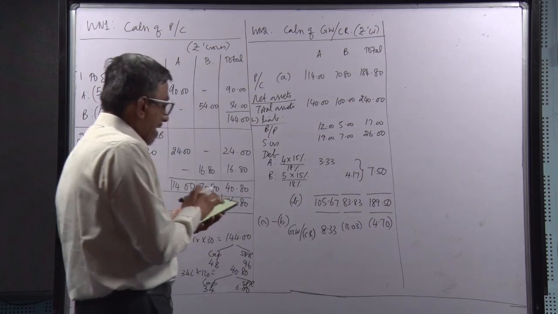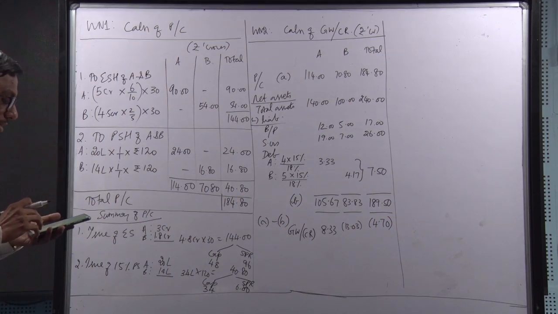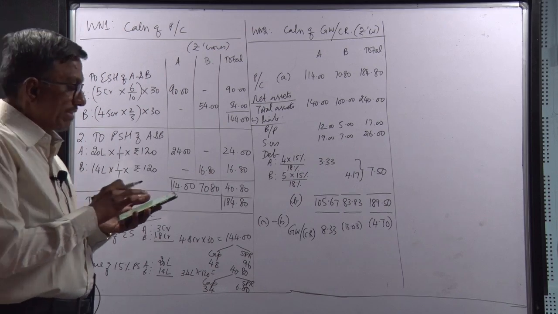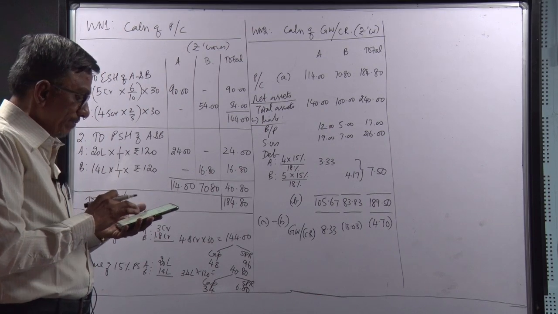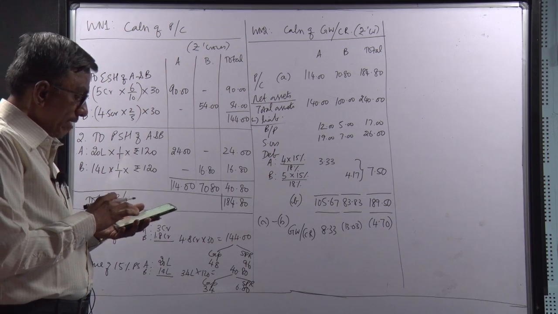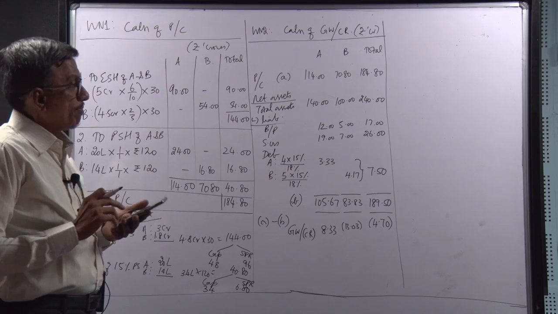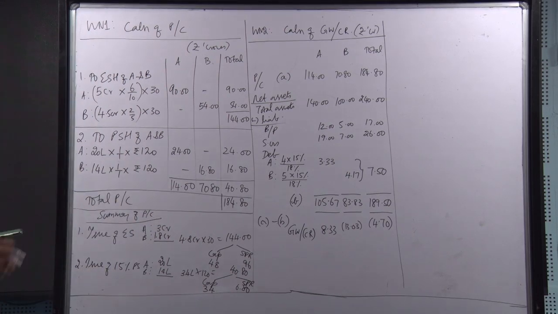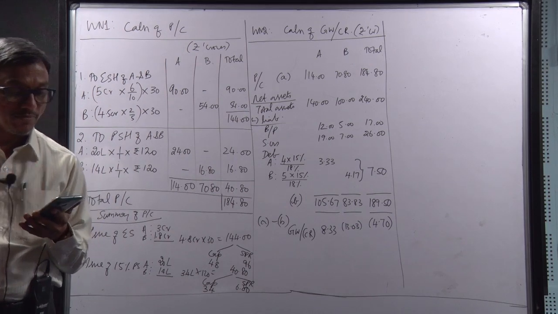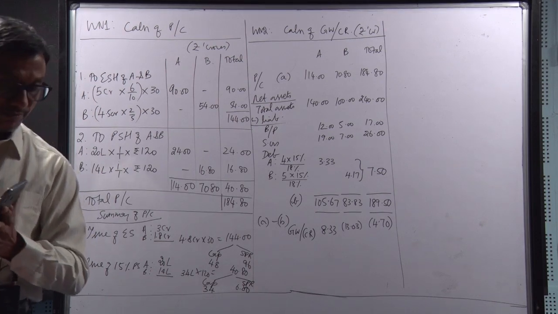That means in the balance sheet of C Limited, there will be a capital reserve of 4 crores 70 lakhs, which is the difference between 8.33 and 13.03. You are getting 4.7. So remember, when you prepare the balance sheet of the new company, capital reserve will be 4.7 crores. A Limited, there is a goodwill of 8.33, B Limited, capital reserve of 13.03. Because both companies are acquired by one company, the net effect will go to the balance sheet of the new company. Like this, we have to do this problem.